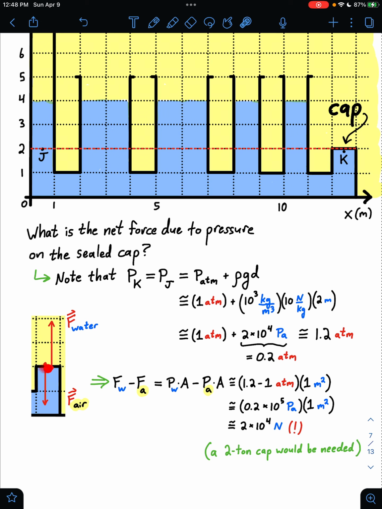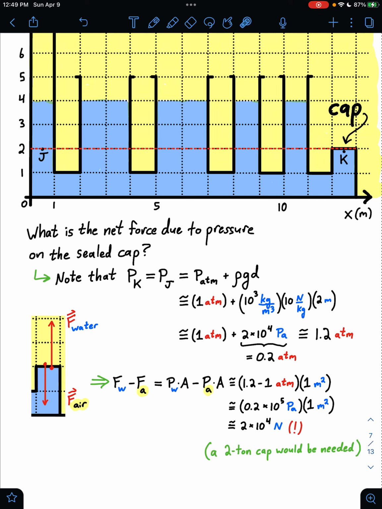So for our cap here that is sealing this pipe, there is an upward pressure from the water of 1.2 atmospheres and a force downward due to the air pressure above, which is 1 atmosphere. So the net force on that cap due to pressure will be the upward force from the water pressure minus the downward force from the air pressure.